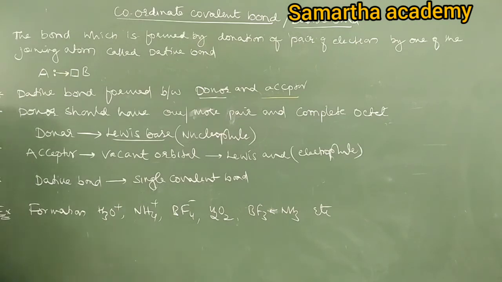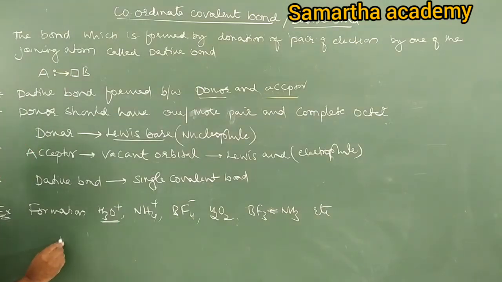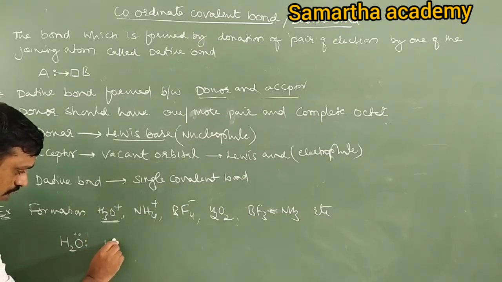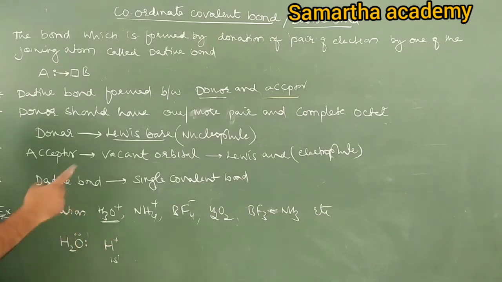Let's see how H3O plus is formed. We know that H2O has how many lone pairs? Oxygen has two lone pairs, no? Next, there is an H plus ion. Tell me, does H plus have a vacant orbital or not? Hydrogen has 1s1 electron, but it is plus, which means it lost one electron.